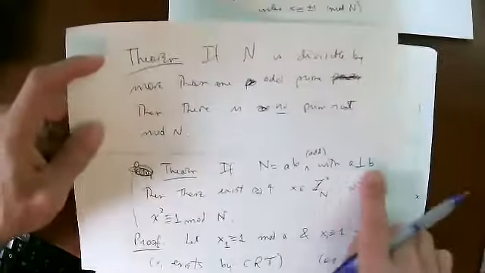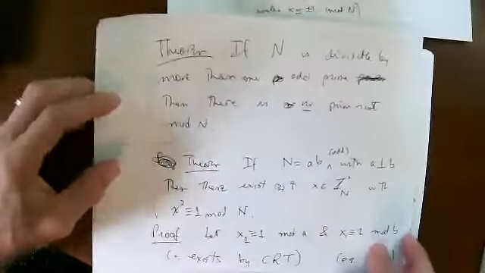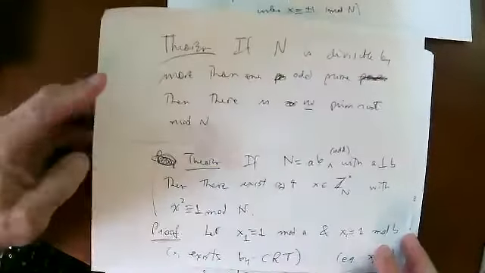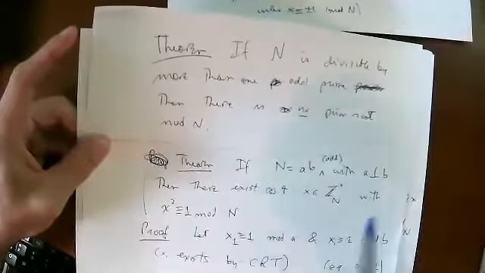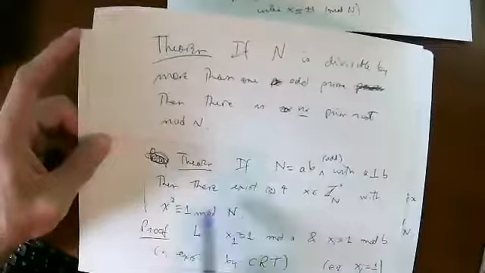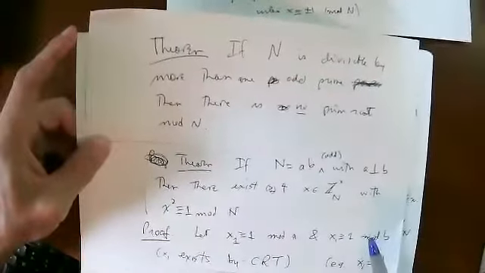But when you're divisible by multiple primes, then you get kind of too many solutions. All right, so this all has to do with how things look when you do have a primitive root, and seeing why that rules some other things out.